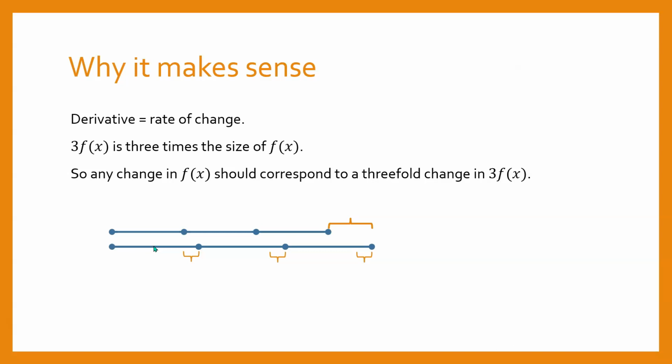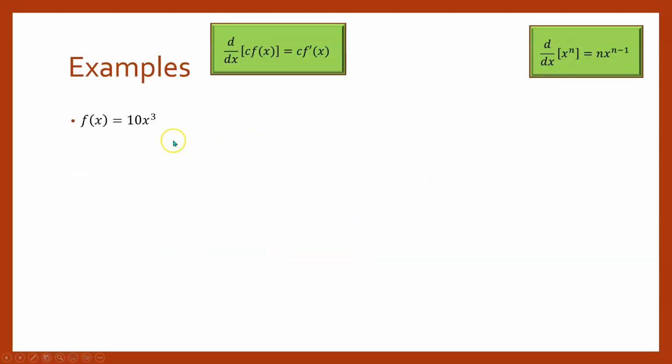On to some examples. Suppose f of x is 10 times x cubed. So here we have a constant times a function. The rule says the derivative of a constant times a function should be the constant times the derivative of the function. Here the constant is 10, and the function is x cubed, so the derivative we know is 3x squared.